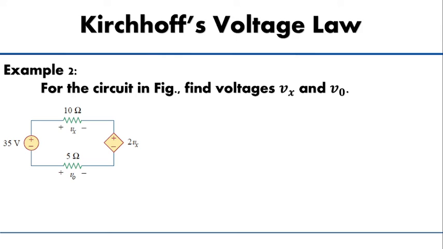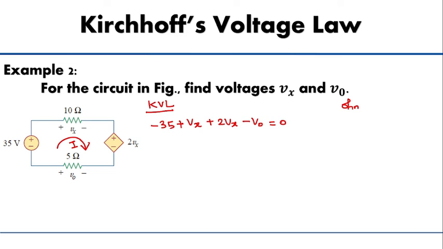Before applying KVL, let us consider a current I flowing through the circuit in the clockwise direction. By applying KVL, we can write the equation as minus 35 plus Vx plus 2Vx minus V0 is equal to 0.